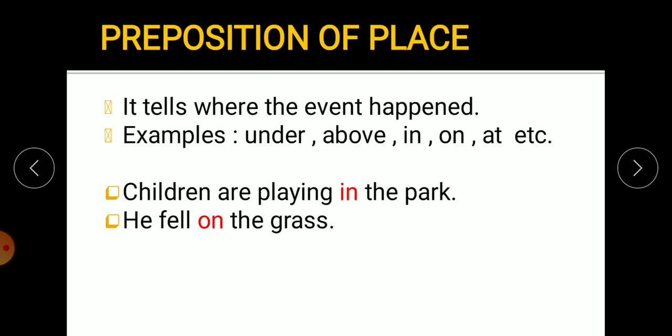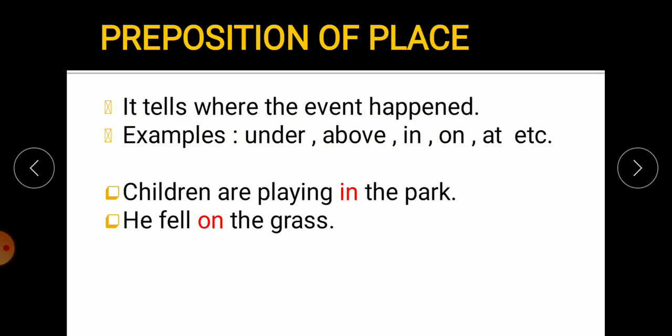Now let's start with place. Preposition of place. Now place means where, right? So it tells where the event happened or is happening or maybe happens. So कोई काम कहाँ पे हो रहा है.